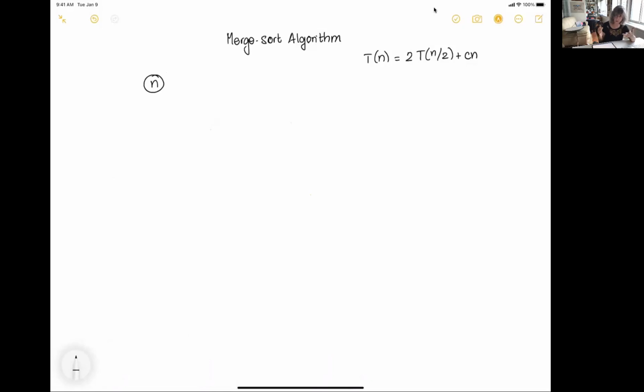It is convenient, although it's not mandatory, to assume that n is already a power of 2, so that we can always keep dividing by 2 and obtaining integer numbers as a result. So I'm going to assume that n can be expressed as 2 to the L, and L is an integer. In the example in my video, I was using 8 cards, so that is 2 to the 3.